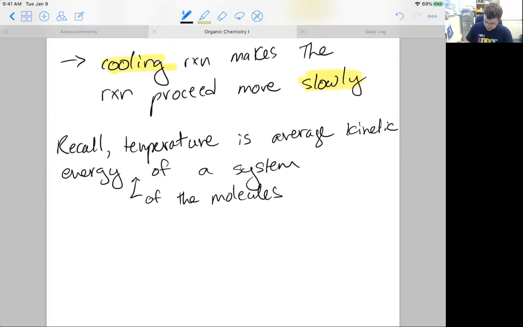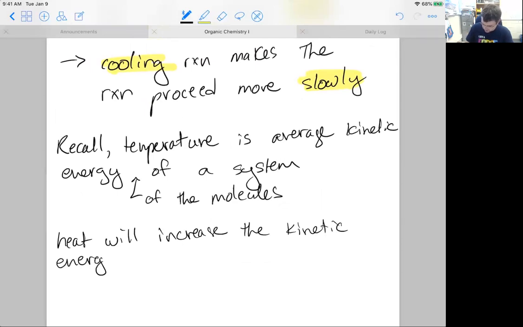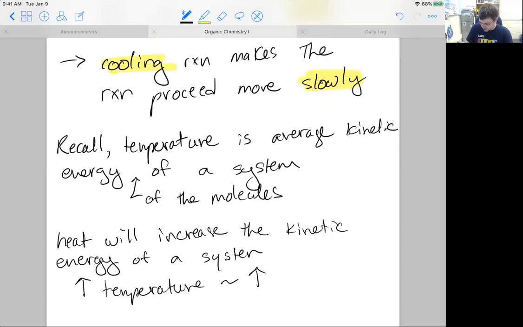So heat will increase the kinetic energy. That is, adding heat will increase the kinetic energy of a system. If we add heat or add temperature, then the average kinetic energy of the molecules also increases.